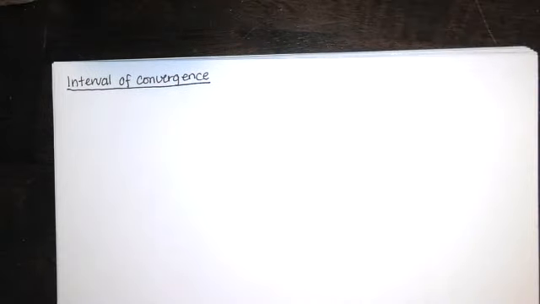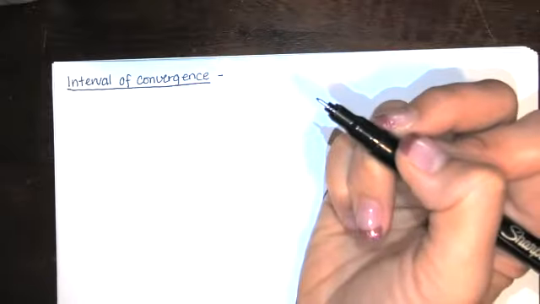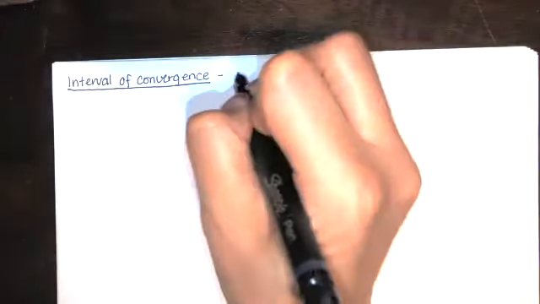It's kind of like the domain, but we're dealing with power series. So we're thinking of the power series as a function of x, and we're asking ourselves, which x values can we put in so that the power series converges?